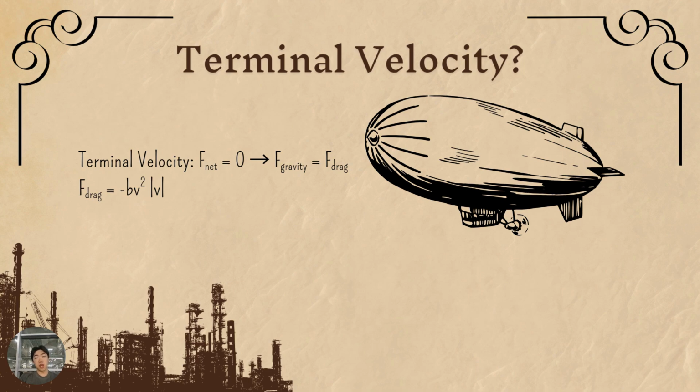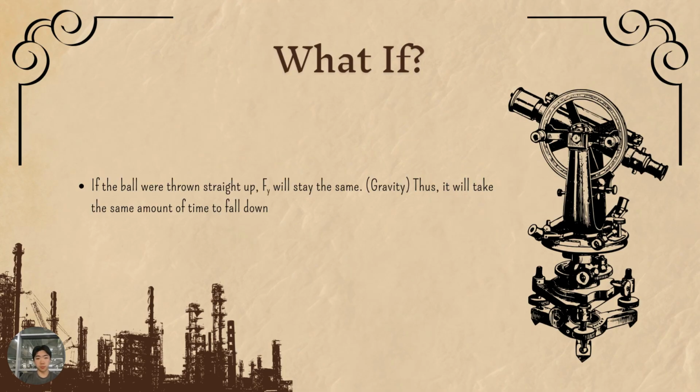So once the velocity reaches a certain value, the force of drag will equal the force of gravity, hence canceling out the acceleration. In our lab, we did not reach that velocity.